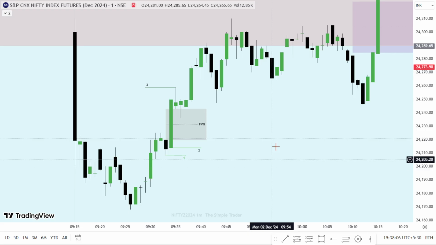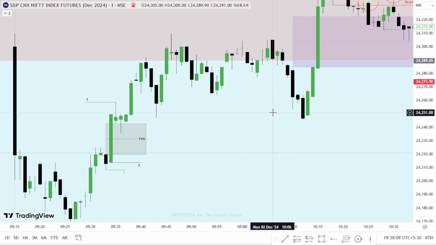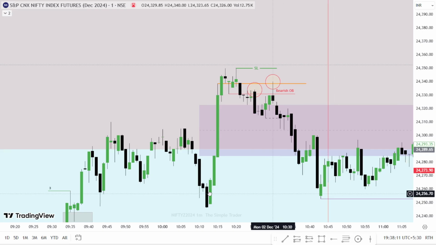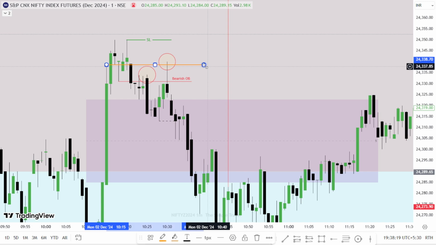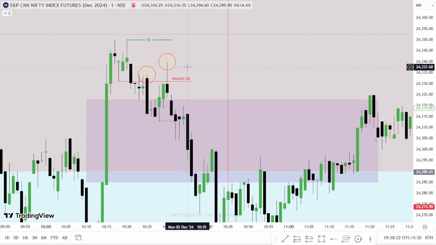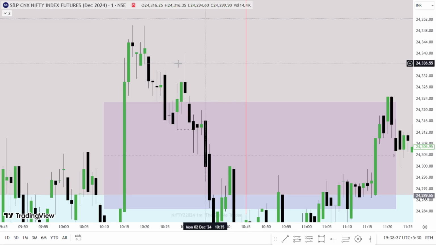Similarly, for a bearish fair value gap, I'll show you in a bearish trend. What we can observe here is that I'm just removing this. I'll explain what all these order blocks and everything are, so you'll get to know about all these things.